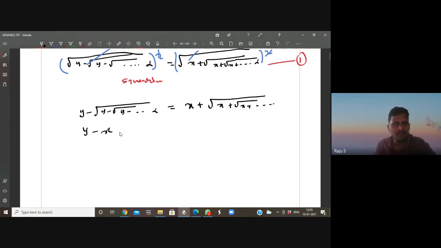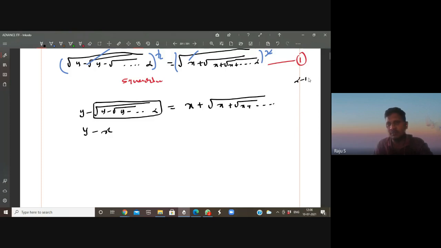Is it clear, students? Because you know the value of root over y minus root over y minus and so on is an infinite series. Whenever it is an infinite series, we should consider this value. When we square on both sides, we can eliminate one value, addition or subtraction, because the value of infinity cannot be changed.